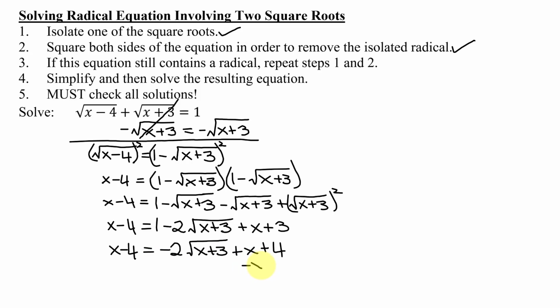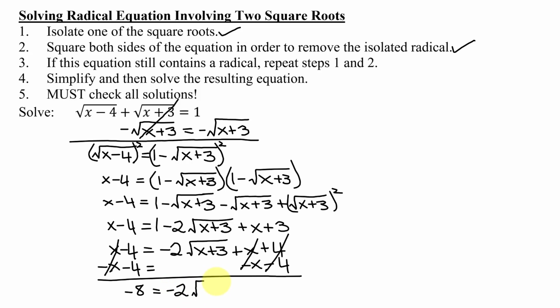So I'm going to subtract x from both sides, and I'm going to subtract 4 from both sides. So these add up to 0, and I get x minus x is also 0. Negative 4 added to negative 4 is negative 8, equals negative 2 times the square root of x plus 3.